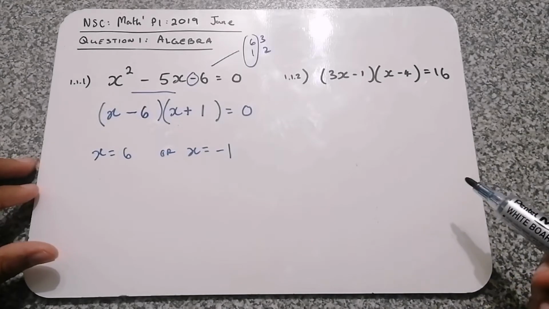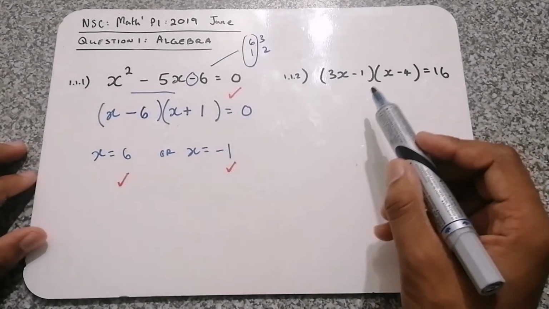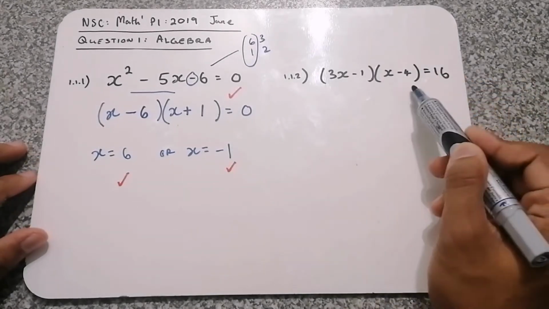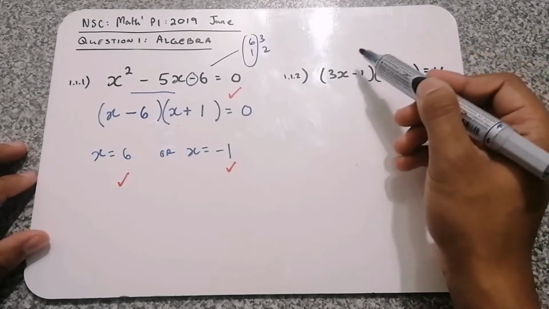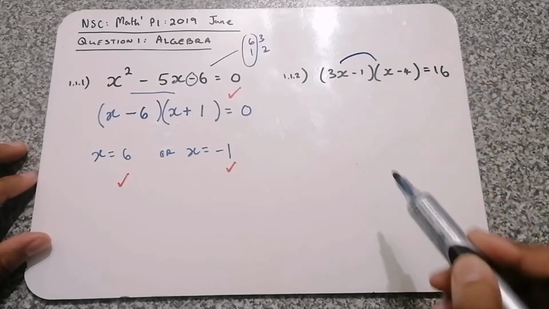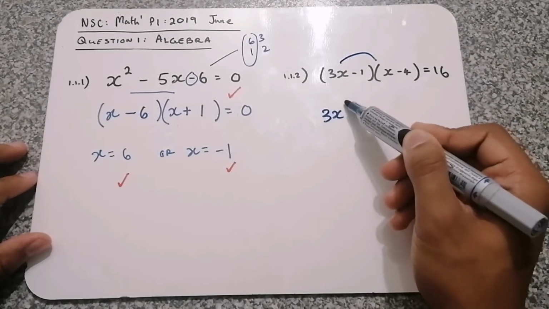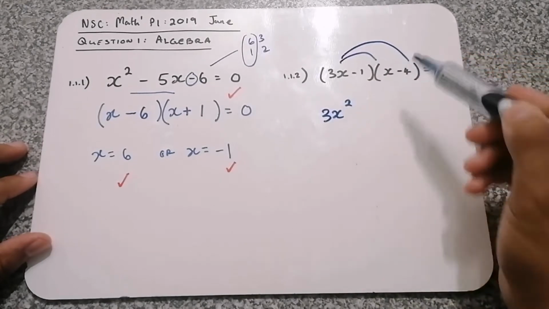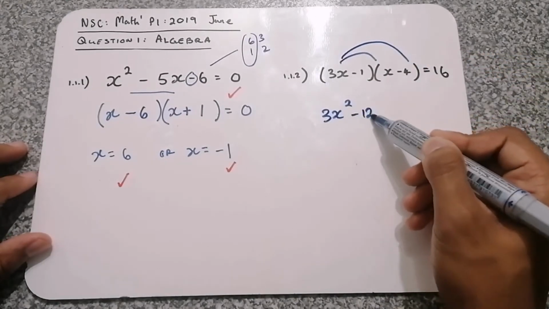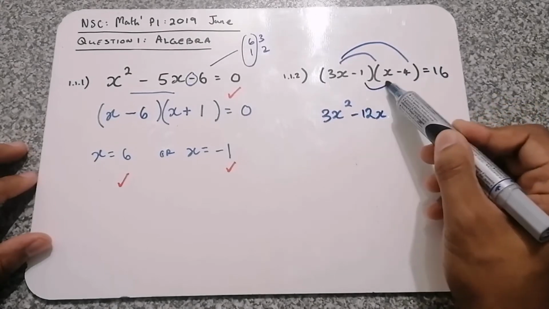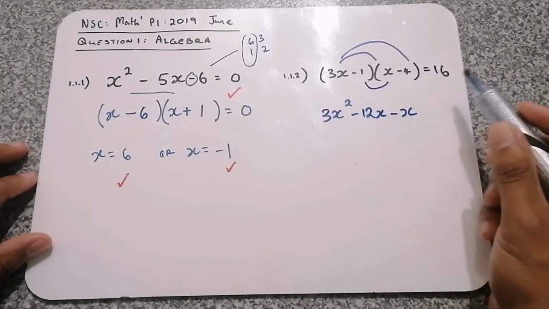Okay, let's have a look at the next one. For this one, we are going to have to multiply the brackets out first. So 3x times x is 3x squared. 3x times negative 4 is negative 12x. Negative 1 times x is just negative x.